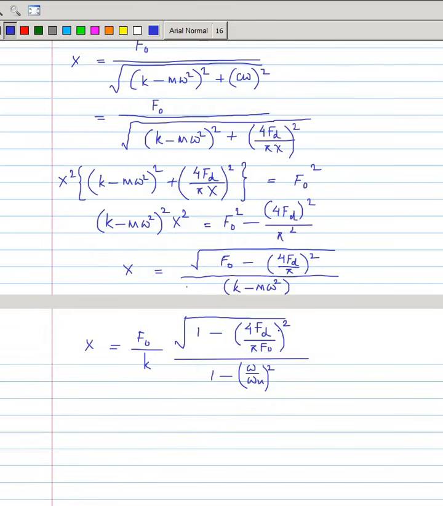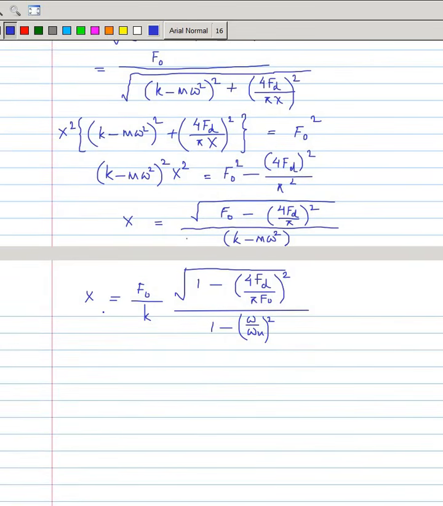We take this on the right hand side, and now we write x as this. Now we non-dimensionalize this, or we divide the numerator by k and the denominator by k. So x by F0 by k, or x by x static, is this. One very interesting observation is that the value within the root cannot be negative, because then it will become imaginary.